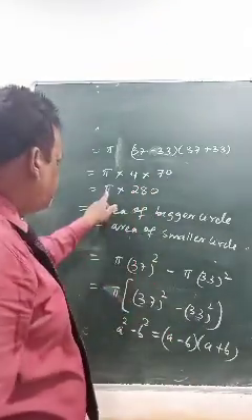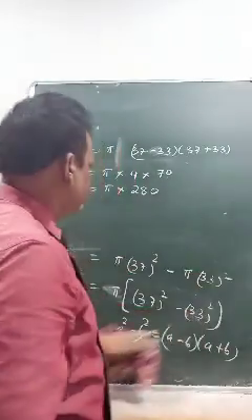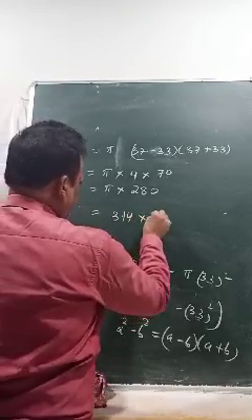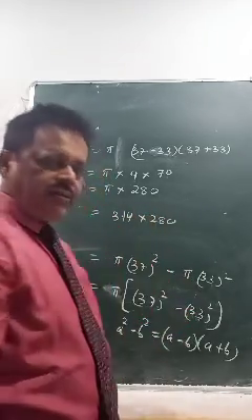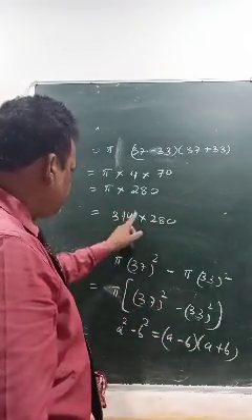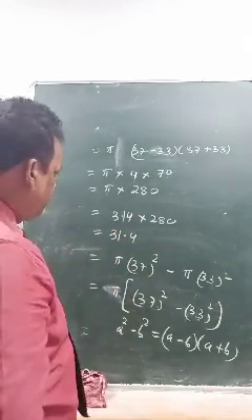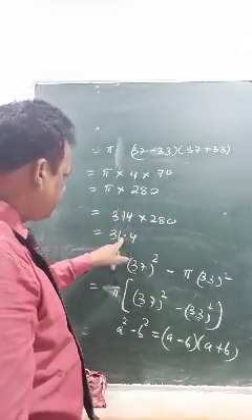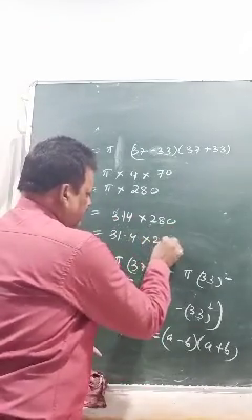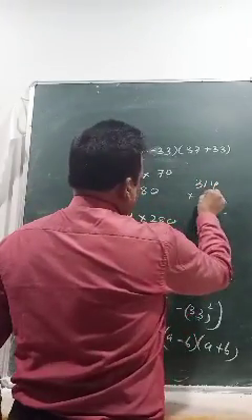280. Now put the value of pi. Put the value of pi means 3.14 into 280. So there is a technique. Technique means 10 means bring decimal to one side. That is 31.4. 1 plus decimal is removed towards right. Then multiplied by remaining digit is 28. That means multiply here 314 into 28.